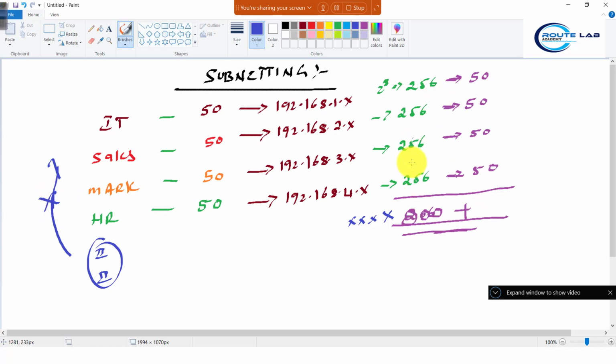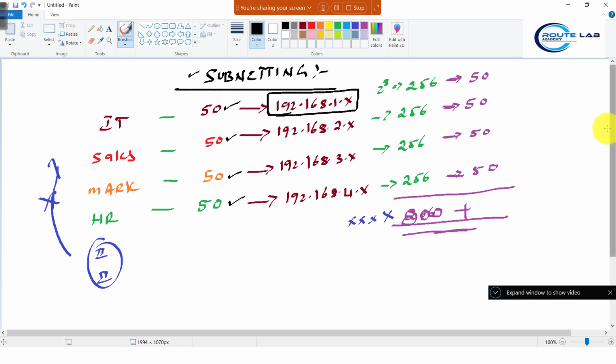So simply I'm wasting this. By using the concept of subnetting, we divide one single large network into multiple smaller networks, and we allocate them to each and every department. So this is the concept of subnetting.